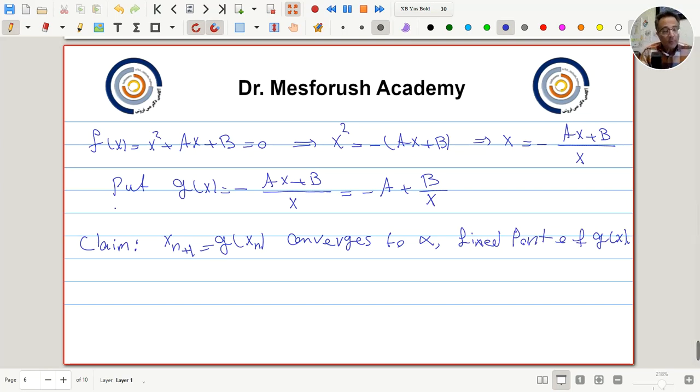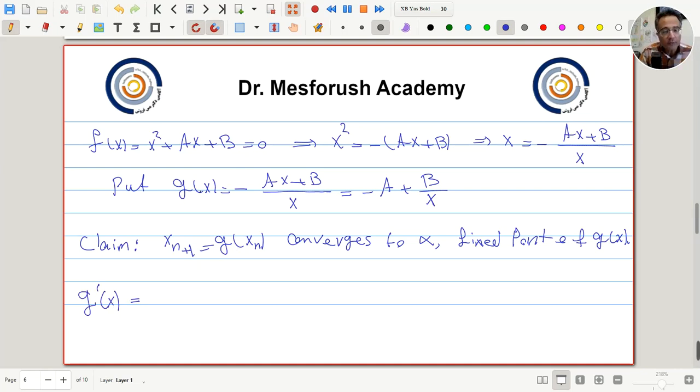Now, to this end, we have to prove that the absolute value of g prime of x_n is less than 1. So, we consider g prime of x and we compute it.